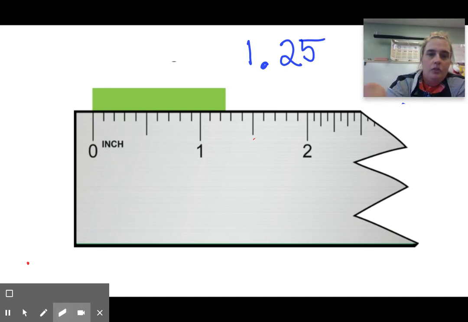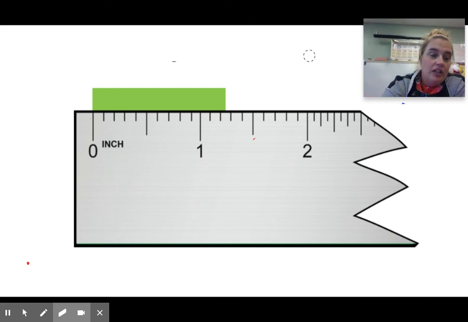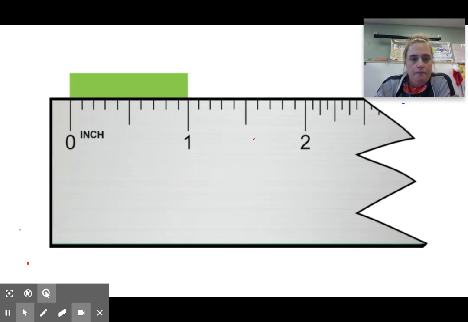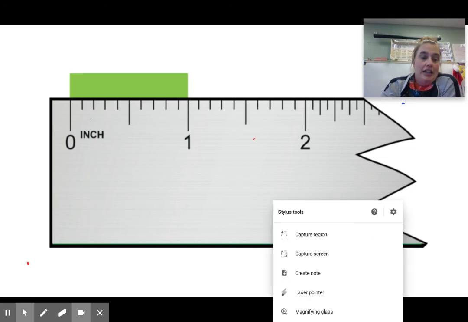Okay, let's try one more. This does make a difference when we start measuring things. A lot of times our rulers even have millimeters on them. I know I'm showing you inches, but most of the time we do not measure in inches in chemistry class. How about this one? What would the length of this line be?